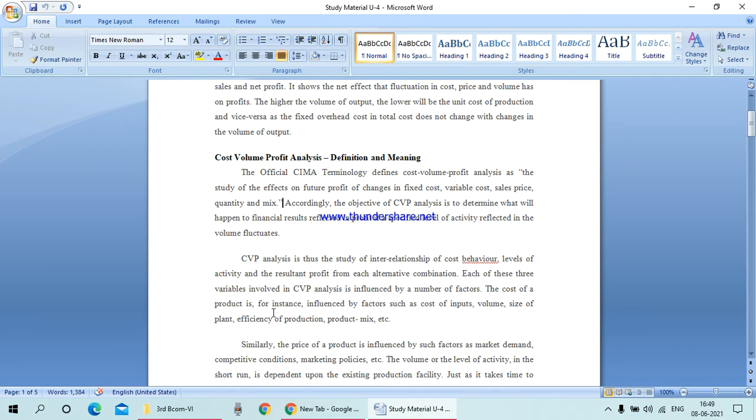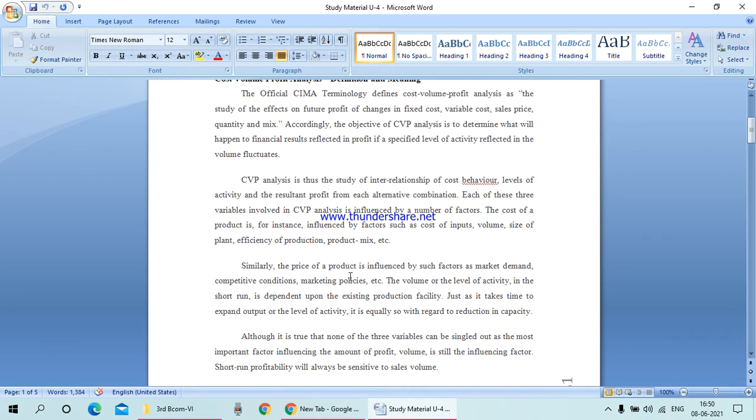The cost of a product is, for instance, influenced by factors such as cost of inputs, volume, size of plant, efficiency of production, product mix, etc. Similarly, the price of a product is influenced by such factors as market demand, competitive conditions, marketing policies, etc. The volume or the level of activity in the short run is dependent upon the existing production facility.